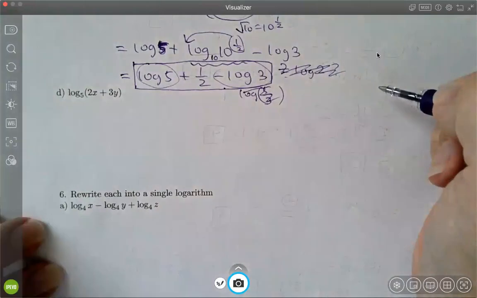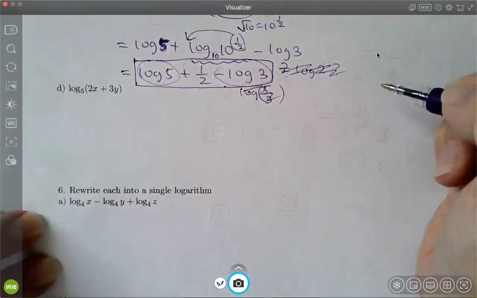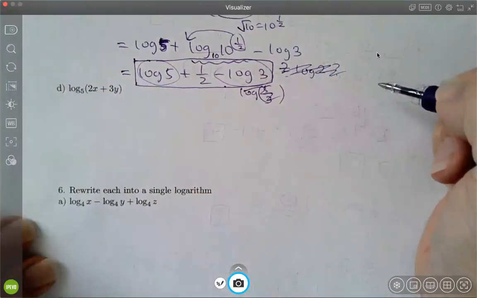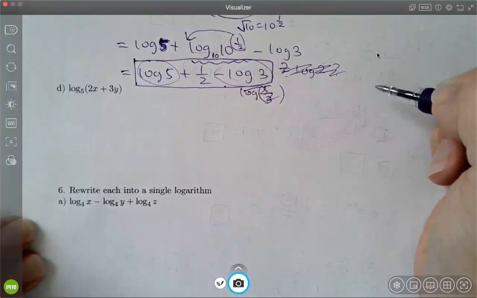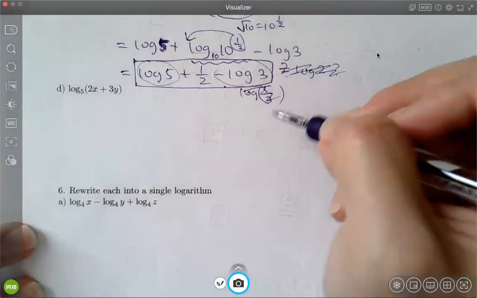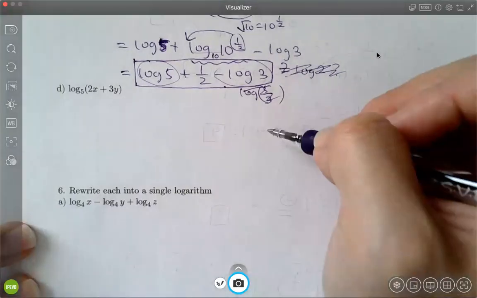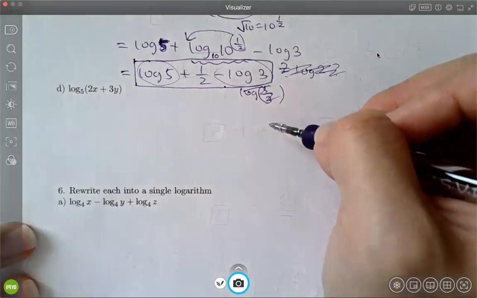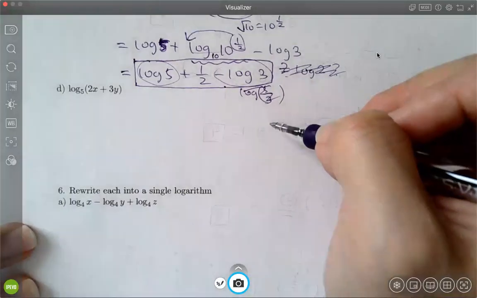And now part D. Log 5, 2x plus 3y. So here we see the summation. So does that mean we will have the product? Because the summation means product, right?